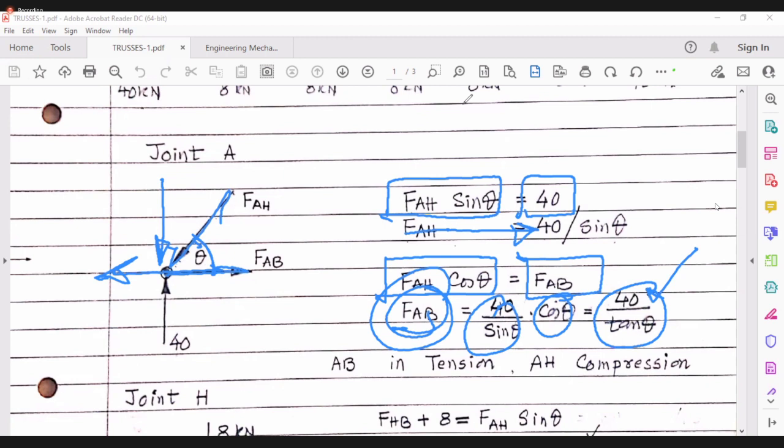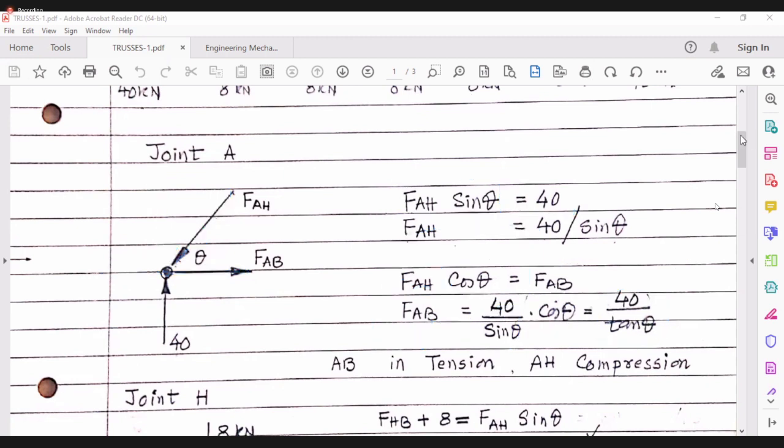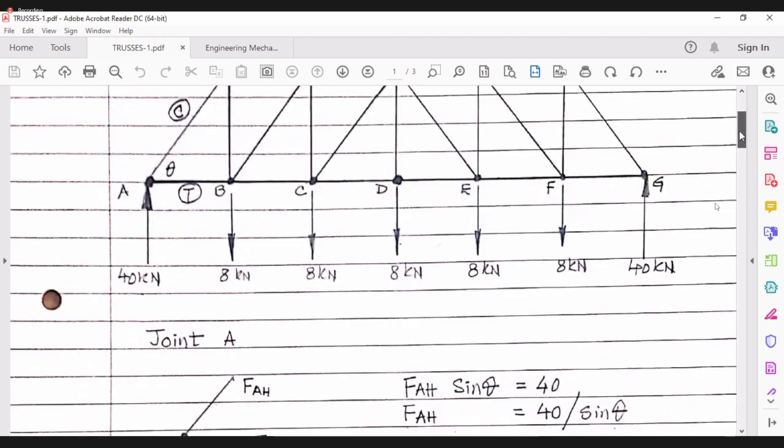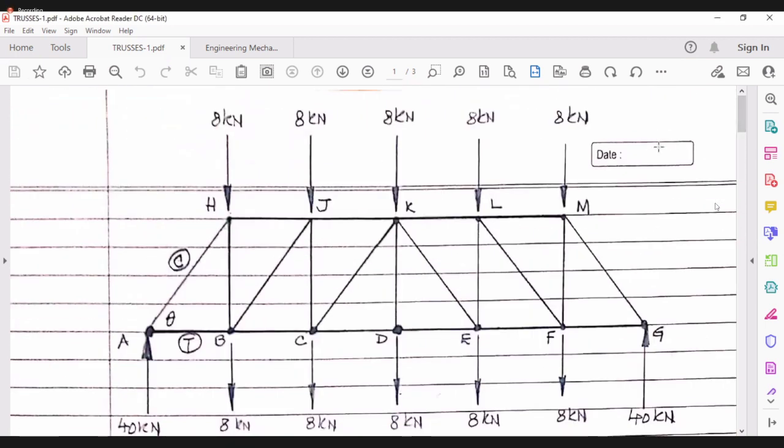Now, remember, here FAH is pushing this point like this. AB is pulling this point like this. We just now saw in a video, or let me repeat it over here.